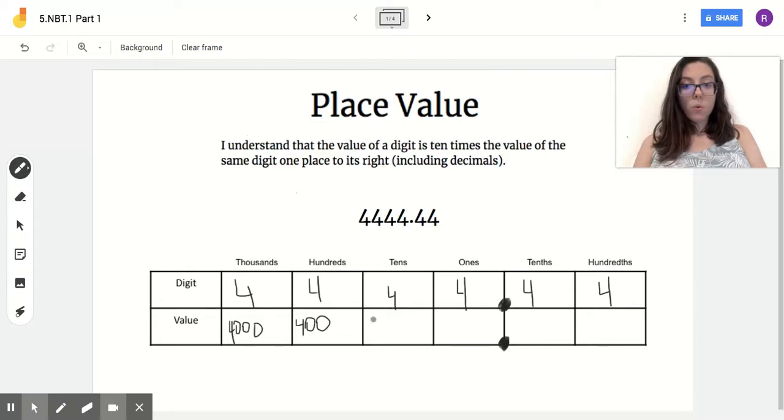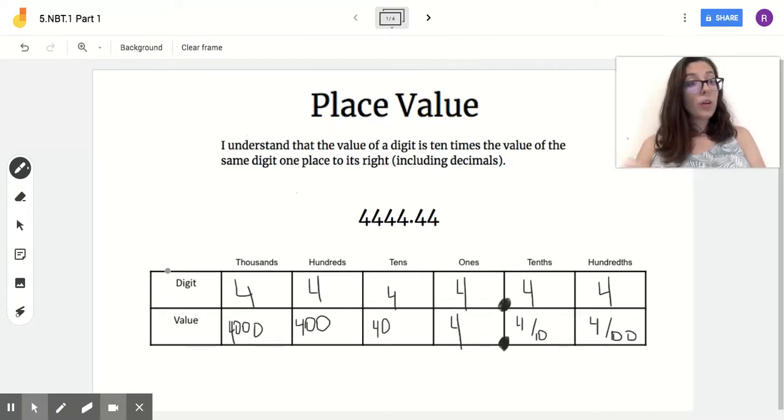I now have 4 tens, which means I have 40. I have 4 ones, or just 4. In this case, I have 4 tenths, which we can write like a fraction. And I have 4 hundredths, which I can write like a fraction as well, 4 over 100.